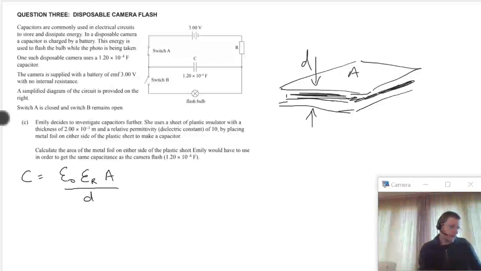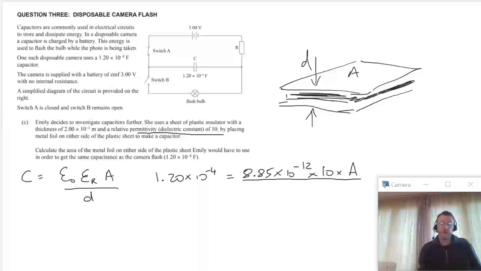We have most of this data, so we get 1.20 times 10 to the minus 4, that's C, equals the permittivity of free space, 8.85 times 10 to the minus 12, the relative permittivity, i.e. the dielectric constant, being 10, and the area, which we don't know, all divided by the thickness of the material, 2.00 times 10 to the minus 3. And we check our units, it's in meters.